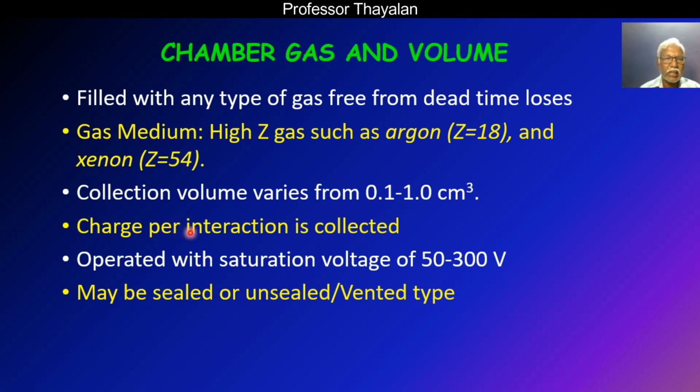What we collect is the charge per interaction, and the operating voltage of the chamber is around 50 to 300 volts DC potential. The chamber may be a sealed one or an unsealed one. The unsealed one is generally referred to as a vented type ion chamber.